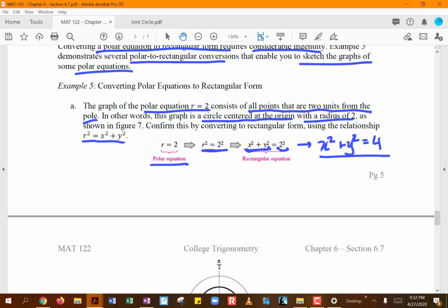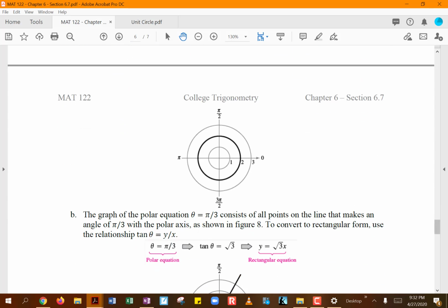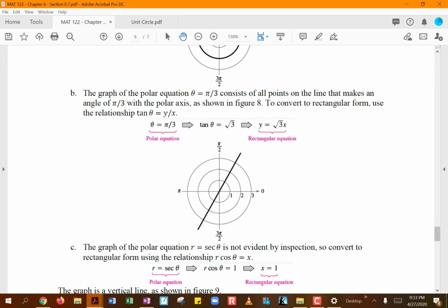And this would also be your rectangular equation. So that's your circle centered at 0, 0 with a radius of 2. And that would end up giving you the same exact graph for the rectangular form as you did for the polar form. Okay?